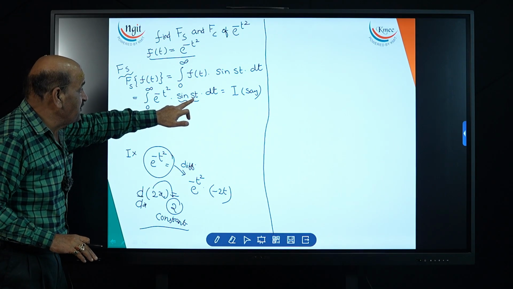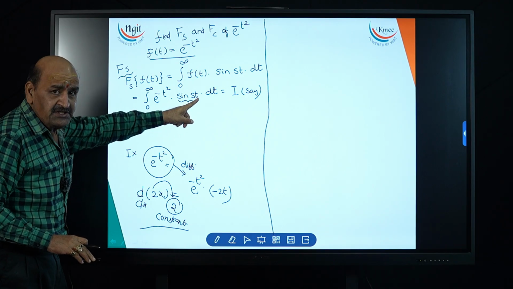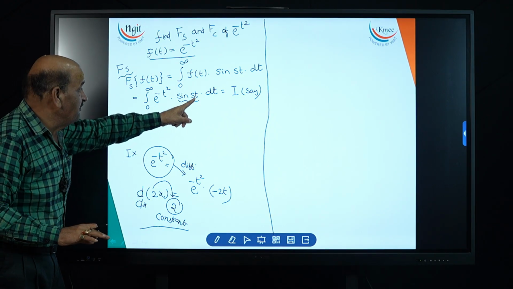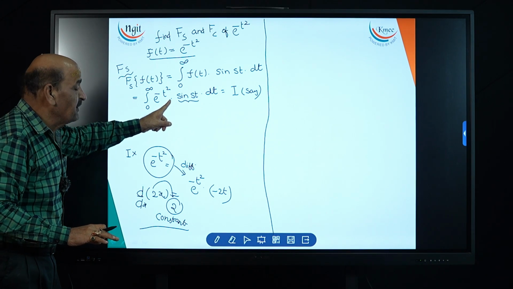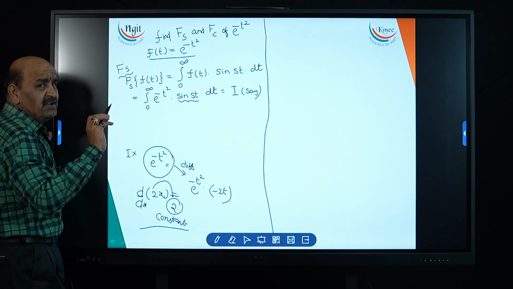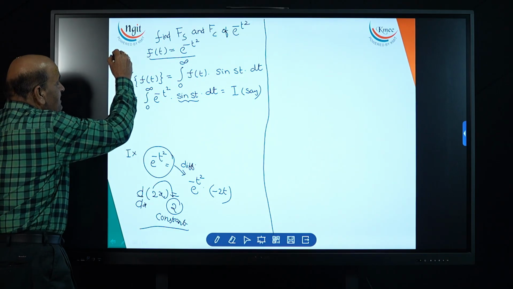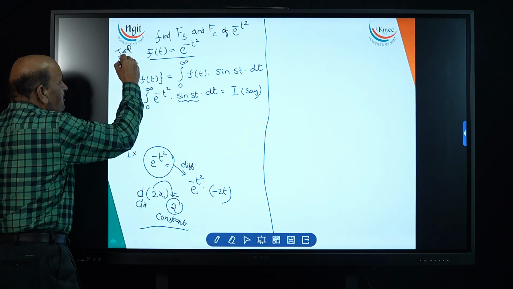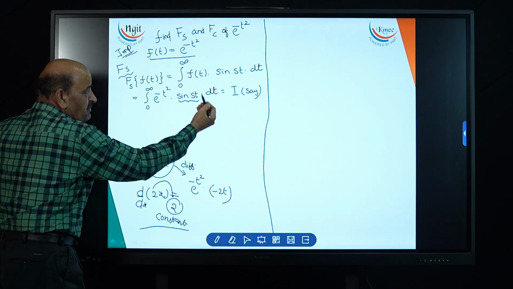You are differentiating with respect to s, so t will be constant for that differentiation. Then what will happen? t will come out. Understanding? This is a very, very important step. That's why this problem is very, very important.